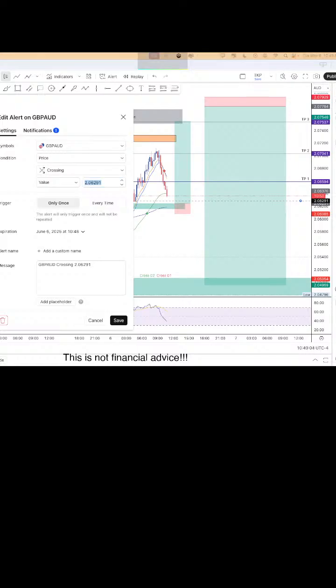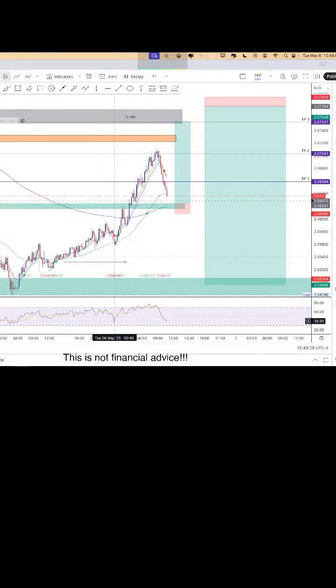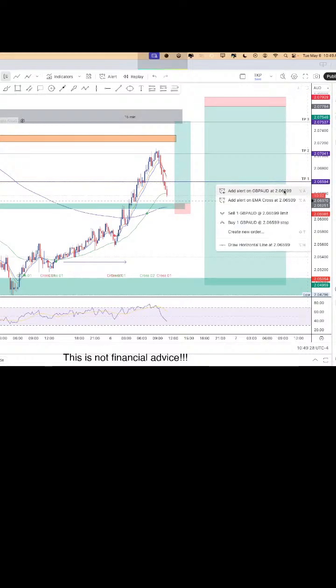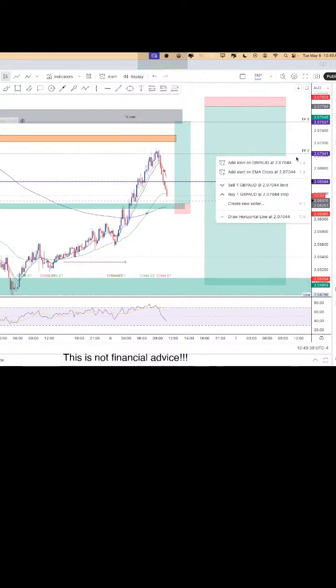So we got a TP1, 2, and 3 set on pound AUD.